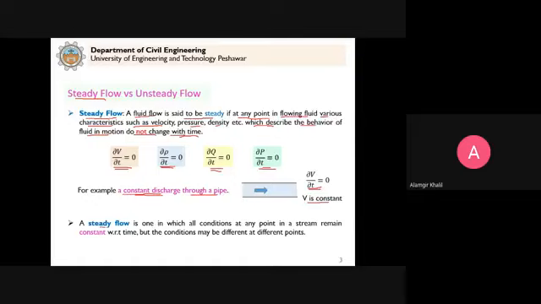So a steady flow is one in which all conditions at any point in a stream remain constant with respect to time. But the conditions may be different at different points. What does this mean?